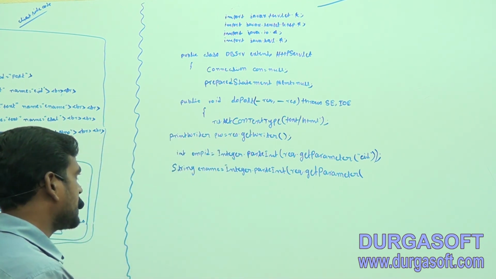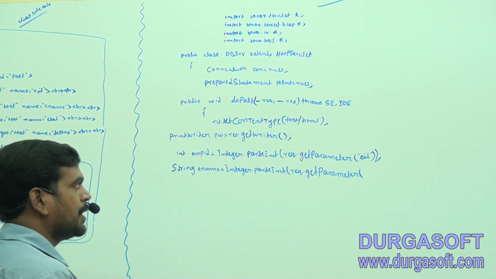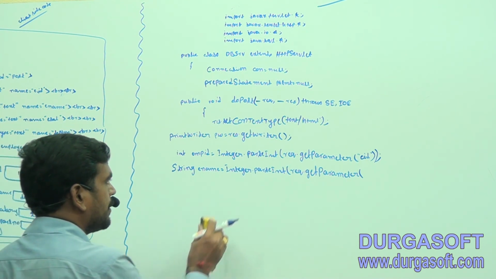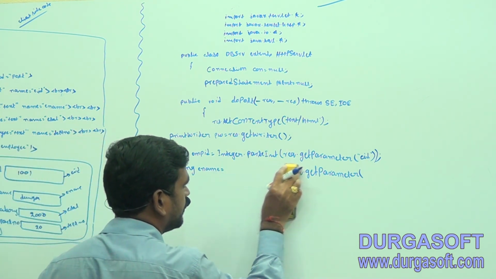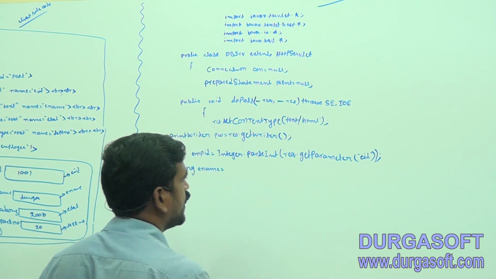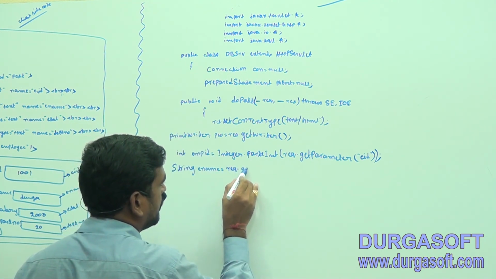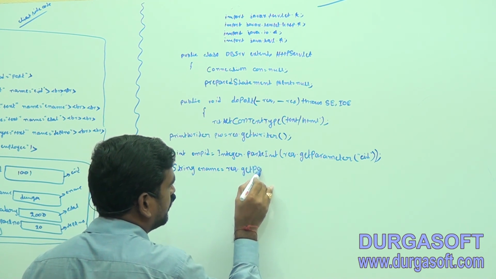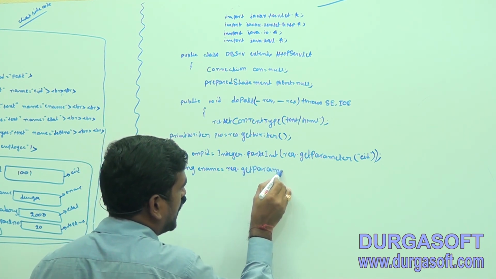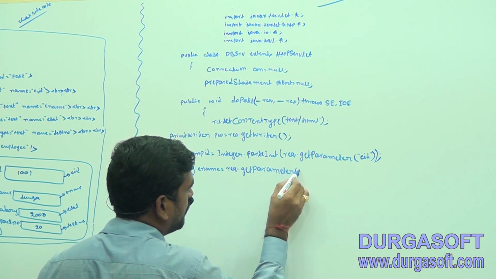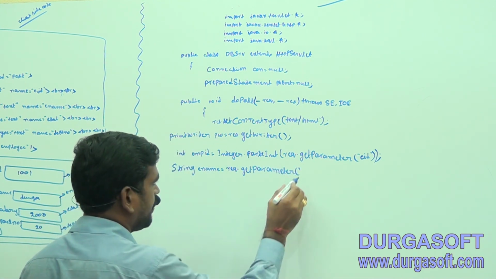See, now here this is a string value only, right? If you are taking a string, we need not do this step, right? So directly what we have to take here, req dot getParameter of what, ename.